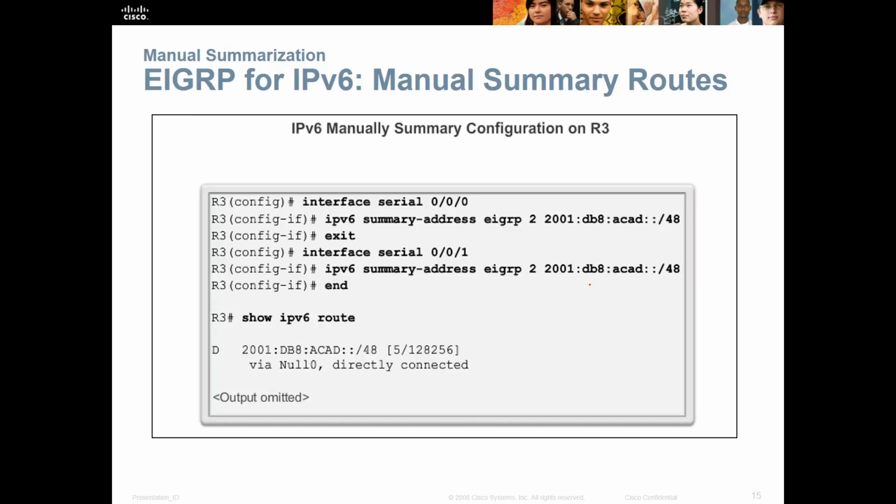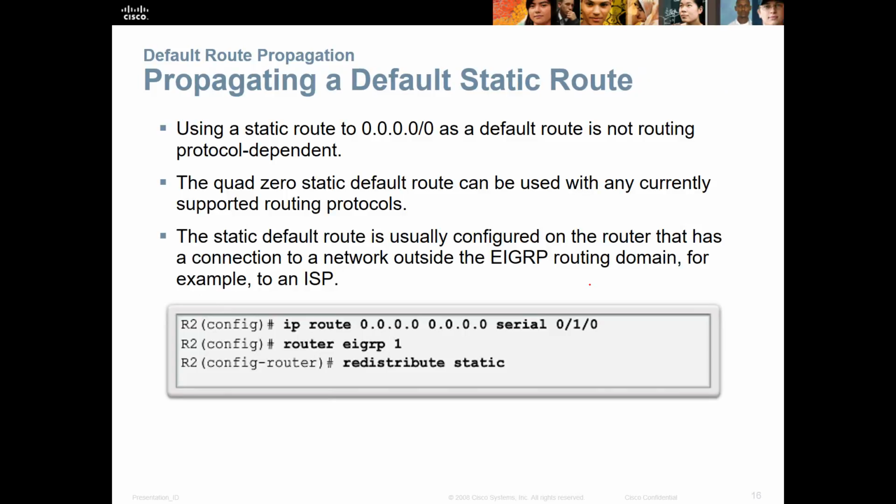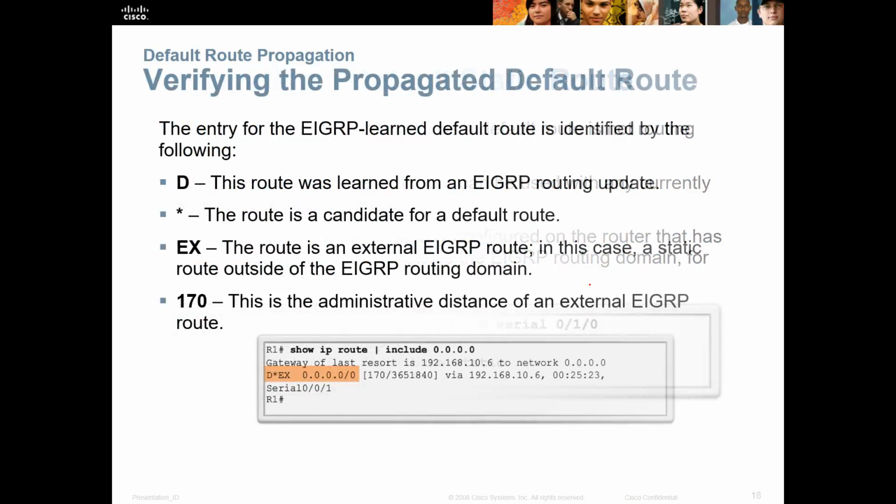So now that we're done with that, let's talk about redistributing or re-propagating a default static route through the network. If we have an IP route that we want to distribute, we can add the command redistribute static, and that will redistribute our static routes into EIGRP. We can verify that with the star, which will be the default candidate route.